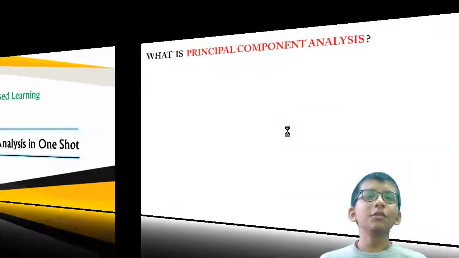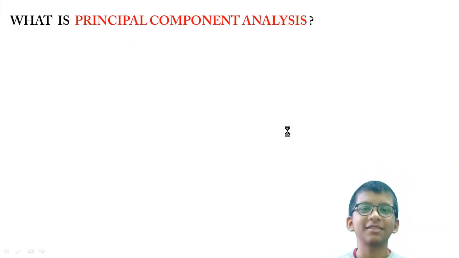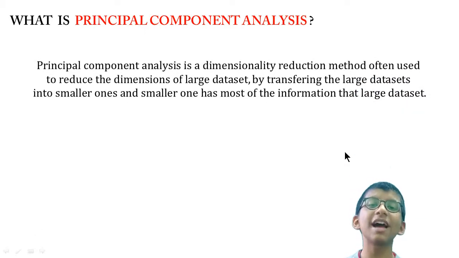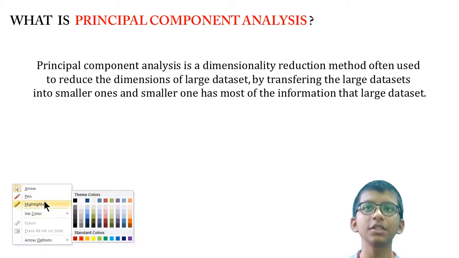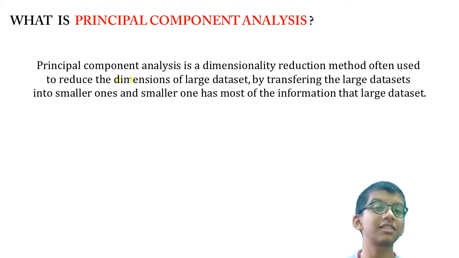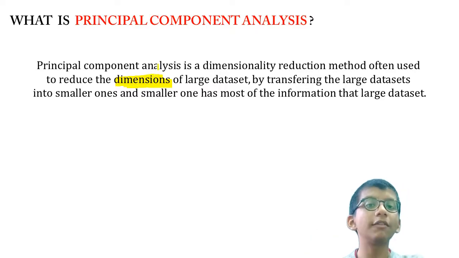So first of all, what is principal component analysis? This is very easy to answer. Principal component analysis is a dimensionality reduction algorithm, or we can say method, that is often used to reduce the dimensions of a large data set.